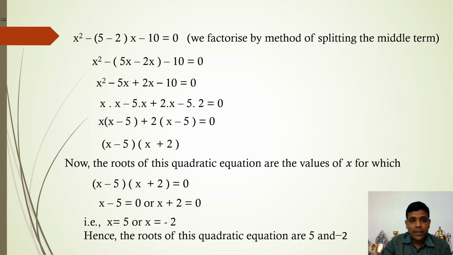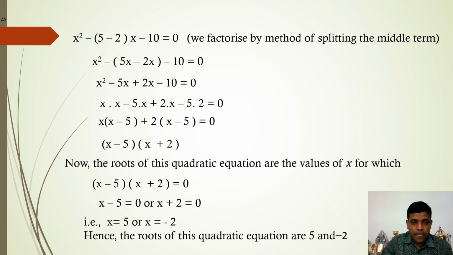Now x square minus 5x plus 2x minus 10 equals 0. Next, x square means x into x, minus 5x is written as minus 5 into x, plus 2x means 2 into x, minus 10 is written as 5 into 2, equals 0.